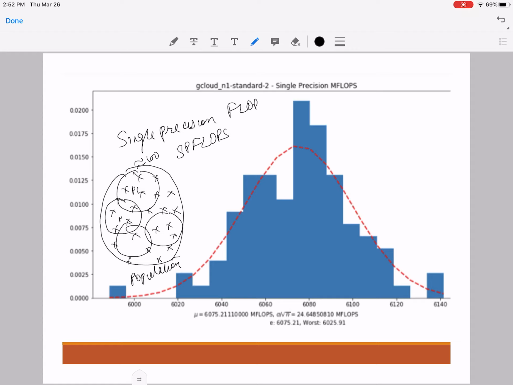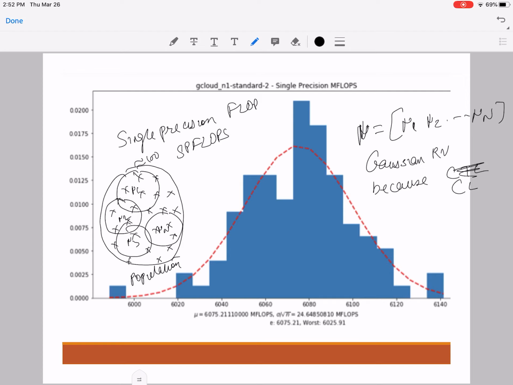So mu1, mu2, mu3, and so on until mu of n. So this random variable mu is going to be a Gaussian random variable because of the central limit theorem, CLT.